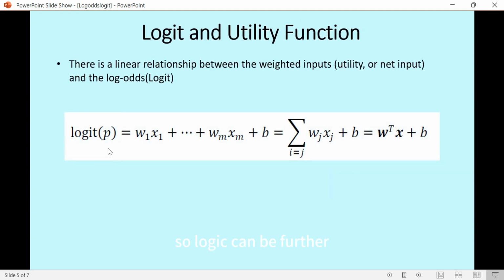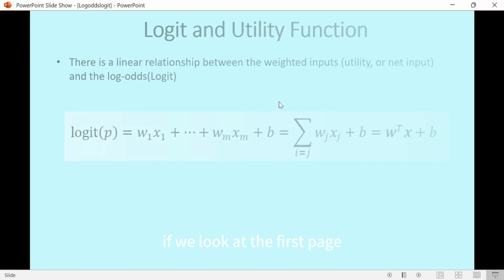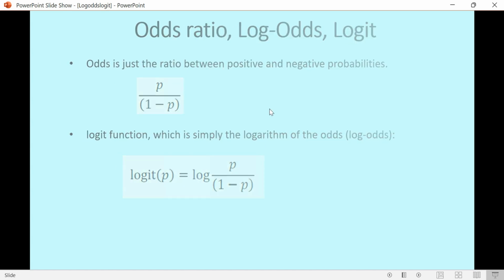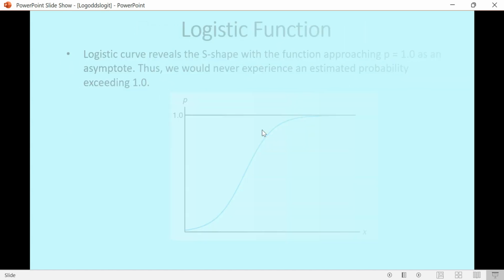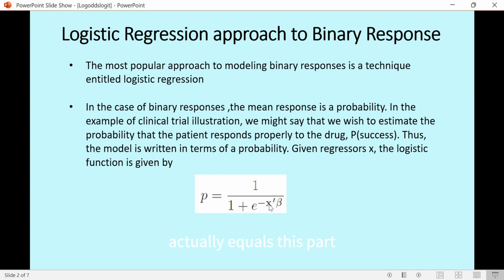The logit P, or log odds ratio, can be verified to equal the product of the parameters and the explanatory variables. If we look at the first page, this term actually equals x transpose times beta.